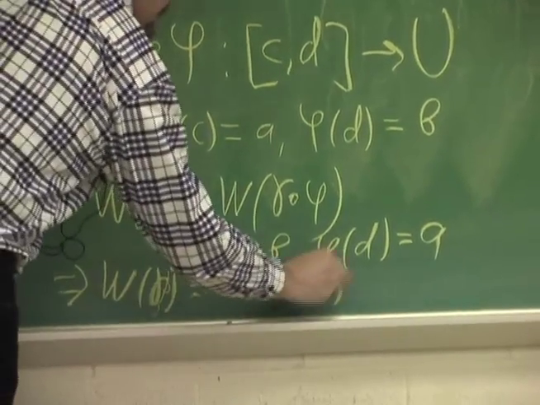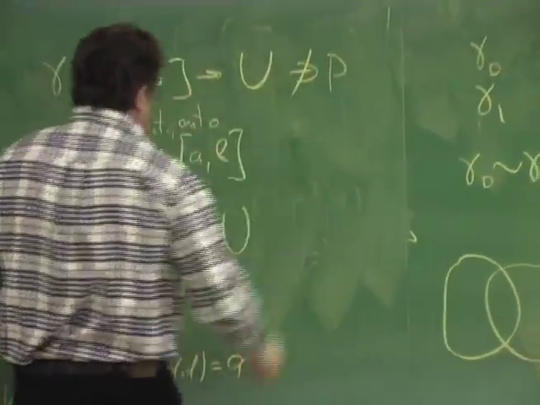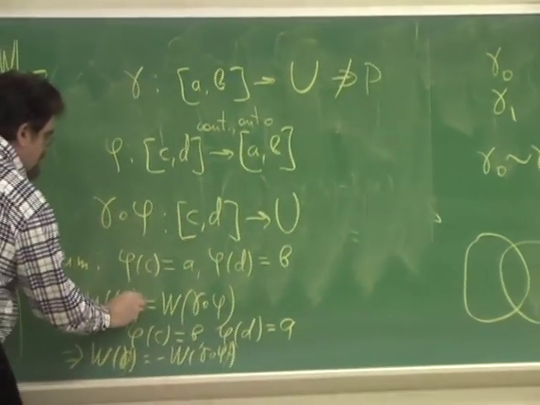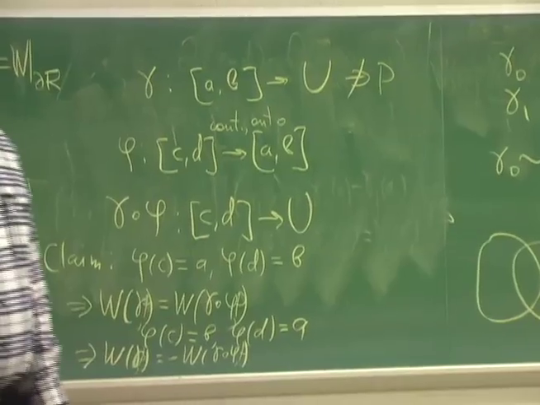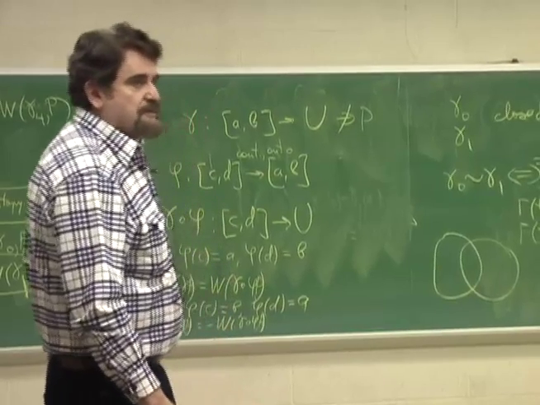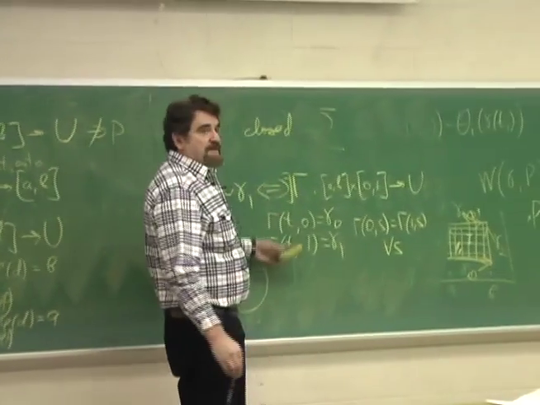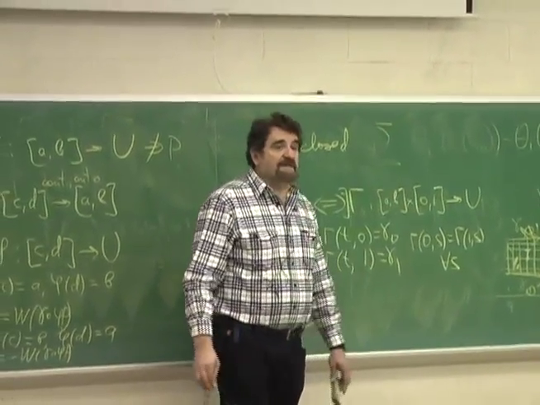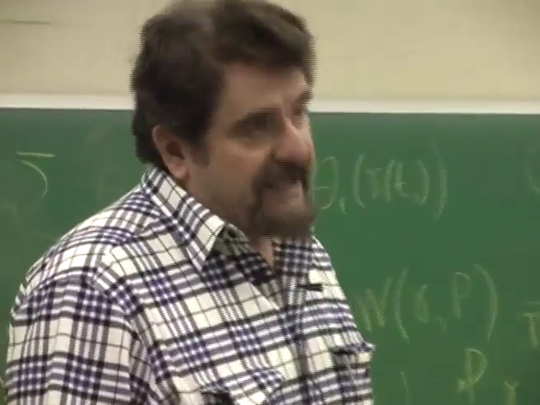Definitely I have to put P, and P is not in U. Should we have P removed from the U in this? Sure. Otherwise, all these things are not defined. You do not have to do it here, because for homotopy, it doesn't matter. But the moment I'm speaking about the winding number, I have to remove this point P.